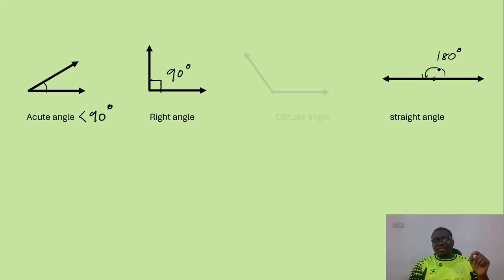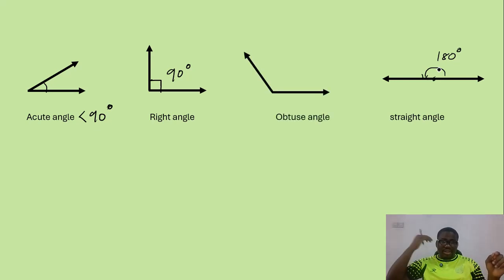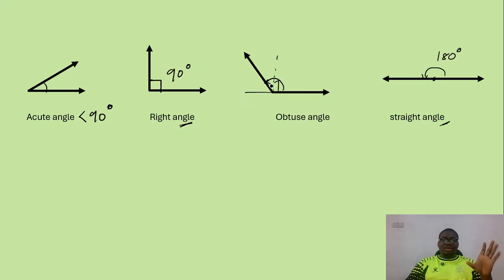Then we have another angle that we call the obtuse angle. The obtuse angle is an angle that is greater than a right angle but less than a straight angle. So this is a right angle, but this is more than a right angle, but it is not up to a straight angle. So this is an obtuse angle.